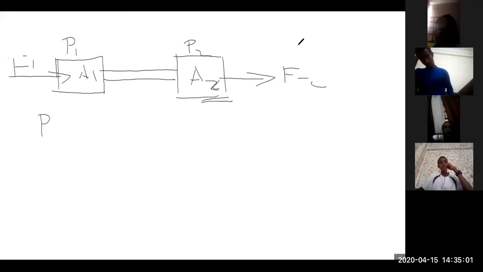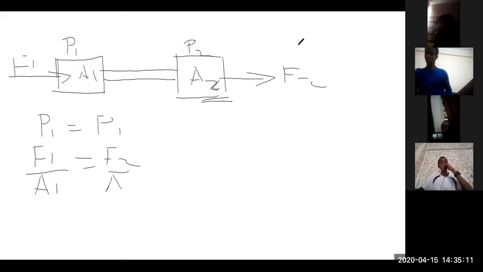So pressure 1 is equal to pressure 2. And pressure is force over area, so F1 over A1 should be equal to F2 over A2. Now, what we are looking for is the force F needed, that is F1.